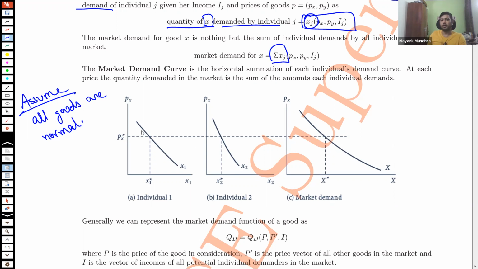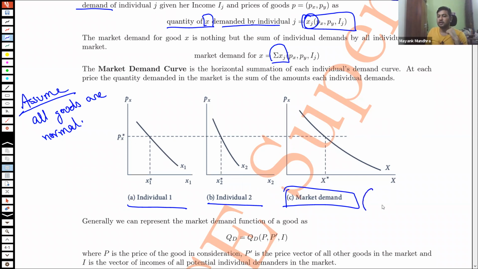So the market demand for individual one is downward sloping like this. The other person's demand curve looks like this. Now I want to find the market demand where the market has only these two individuals, individual one and two. So the total market demand for this good would be the sum of these two demands.